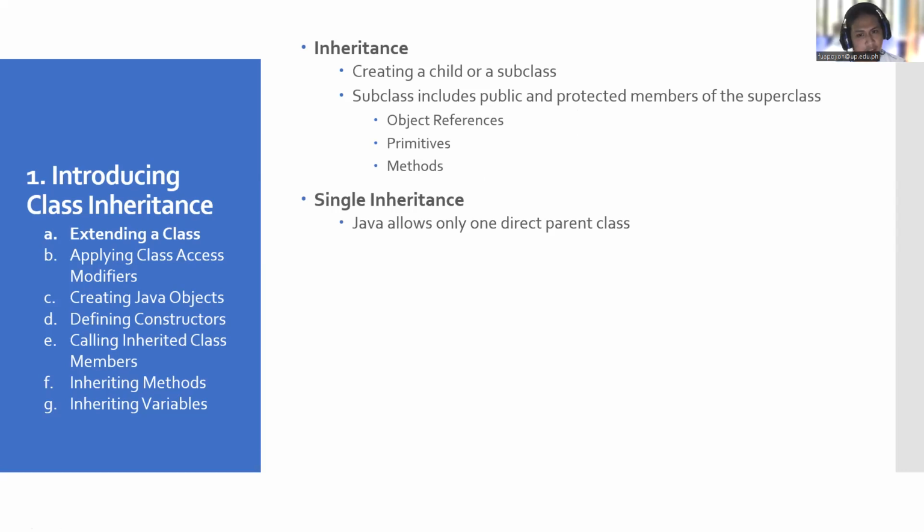So Java only allows one direct parent class. We'll talk more about inheriting multiple classes because Java does not allow it, but you can do that with interfaces. But take note that for inheritance, like direct parent class, Java only allows one.